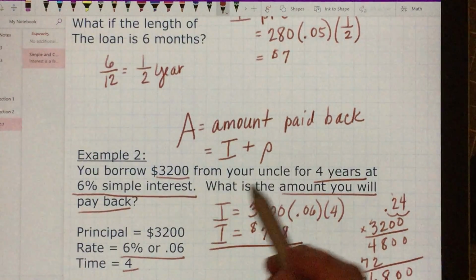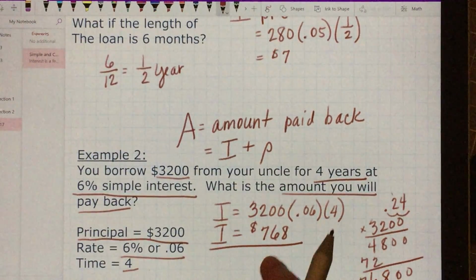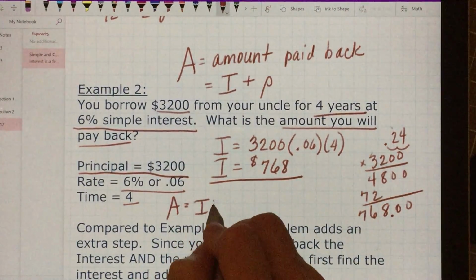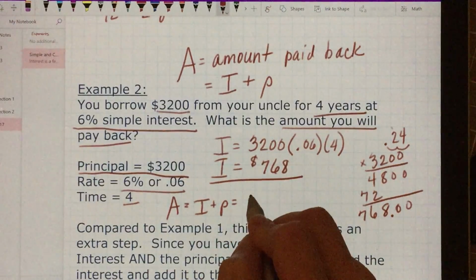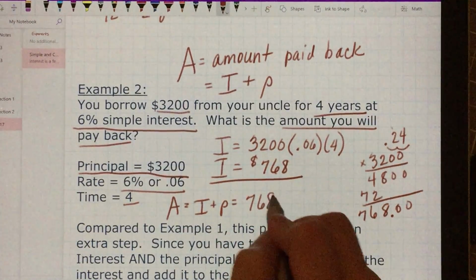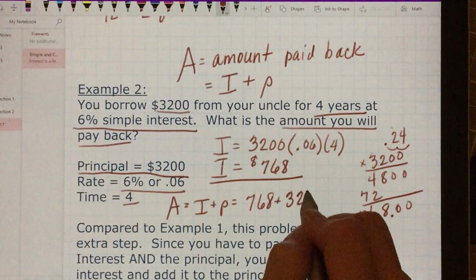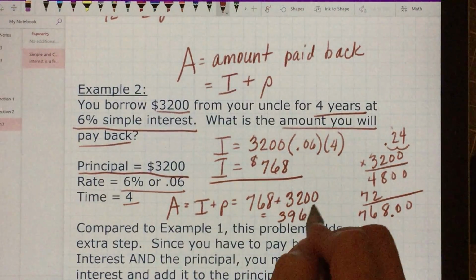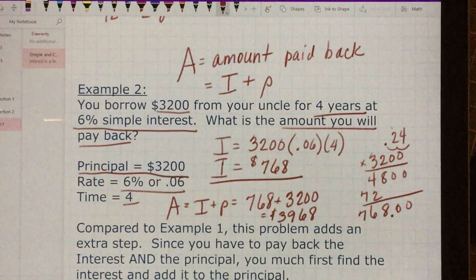And we also know that the principal is 3,200. So A is equal to the interest plus the principal, which is equal to 768 plus 3,200, which is equal to 3,968. This is the answer to example 2.